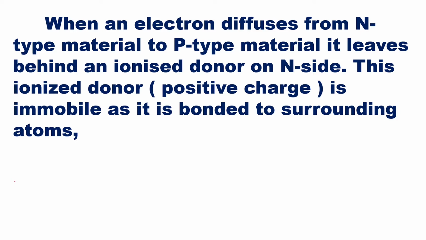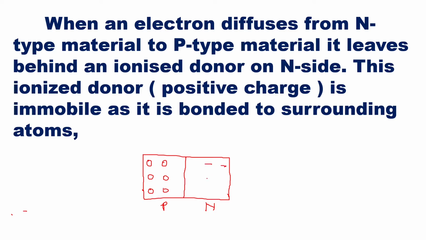Now what does this all mean? Okay, so this also you can show with the help of a diagram here. So here you can see we will have a P-type and N-type semiconductor as we have told earlier. P-type semiconductor has holes as majority charge carriers, and N-type semiconductor has electrons as majority charge carriers.